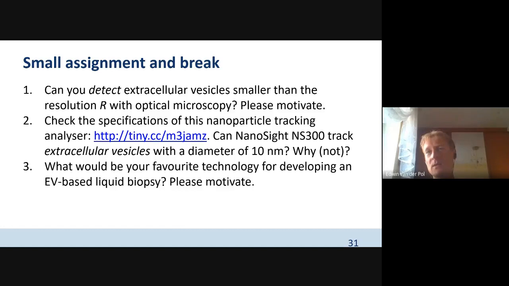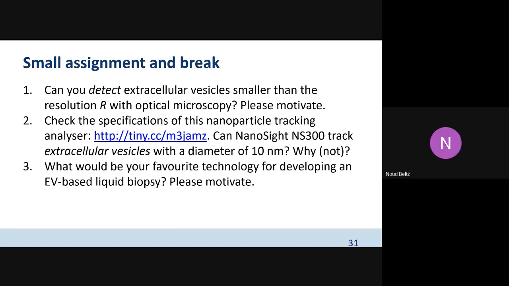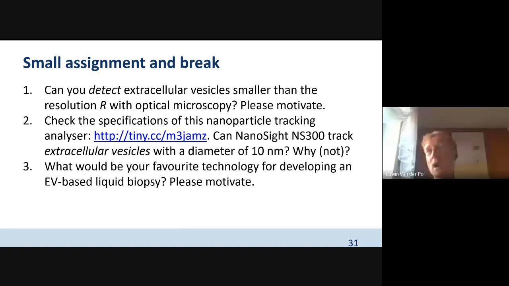Any idea what's the refractive index of water? In the end, it's about the contrast in refractive index. Was it like 1.1? No, 1 was air that we discussed before.